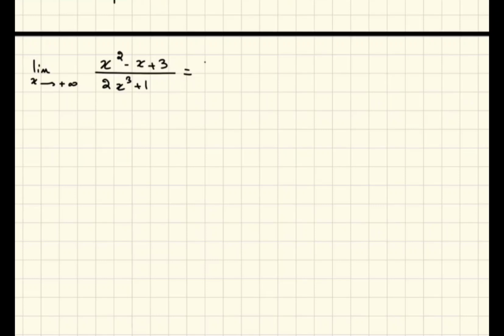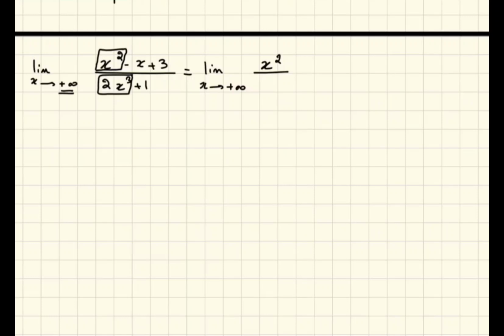Then the fastest way to do this limit is to take the term with the highest exponent on top, which is x squared, over the term with the highest exponent down. Always you do the same idea. If the limit as x approaches plus infinity or negative infinity, you do the same thing. Take the highest exponent on top, the highest exponent down. And don't mix this with whenever x approaches a number.